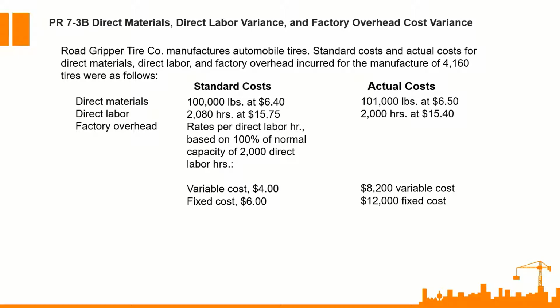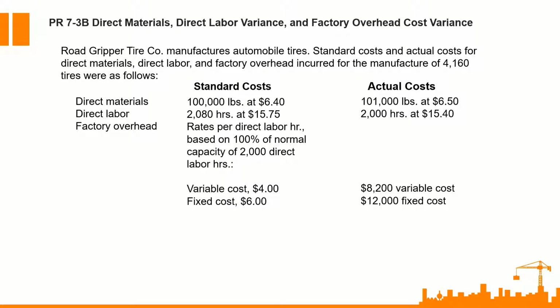Factory overhead, it says here that under standard is based on 2,000 direct labor hours on 100% of normal capacity. So we have here the values relating to the overhead per direct labor hour, variable cost at $4 per direct labor hour, and fixed cost at $6 per direct labor hour.